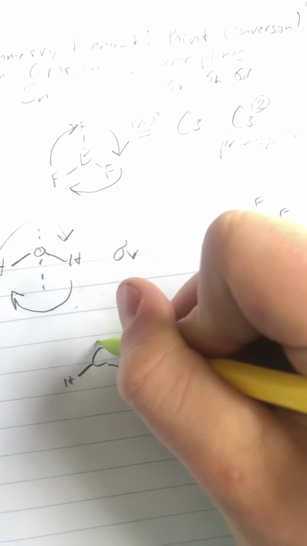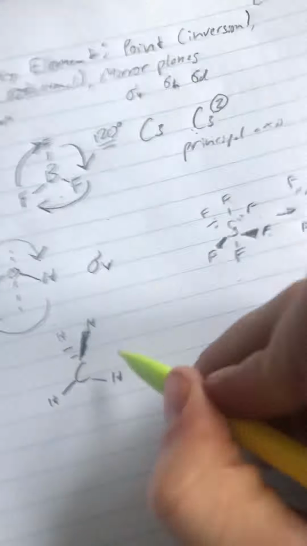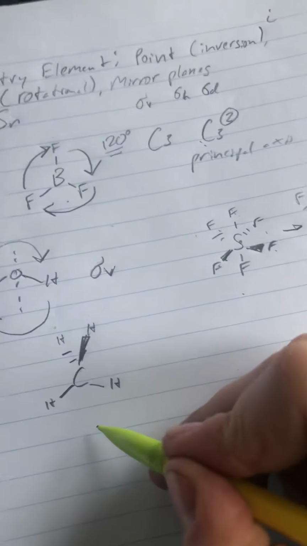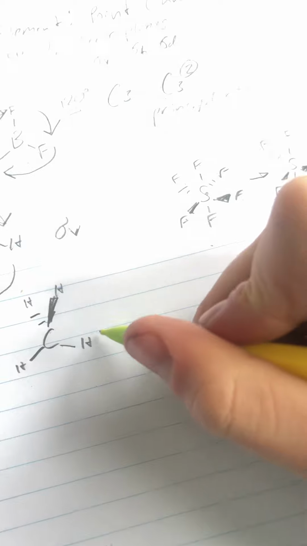Two of these going out, we have one going behind, one in front. So basically, an improper rotation shows that we're able to rotate this molecule, but it also has to include a fold or a reflection almost through it.